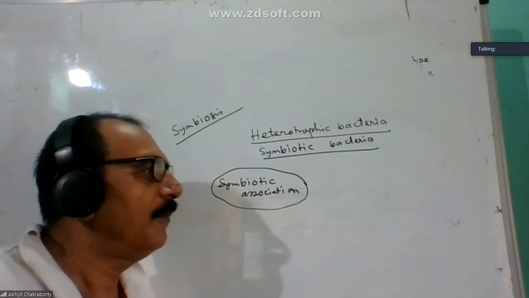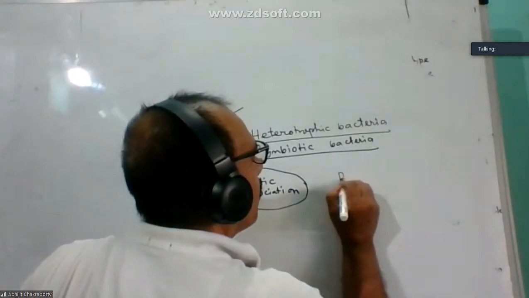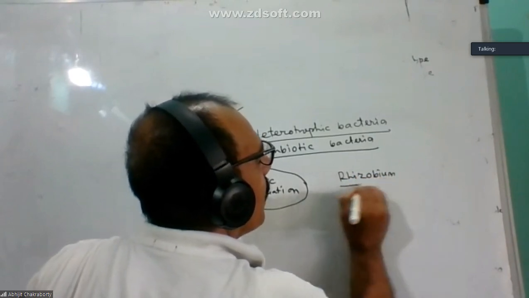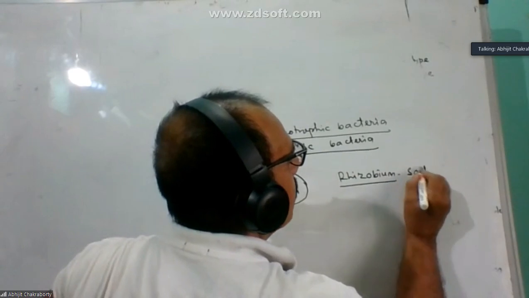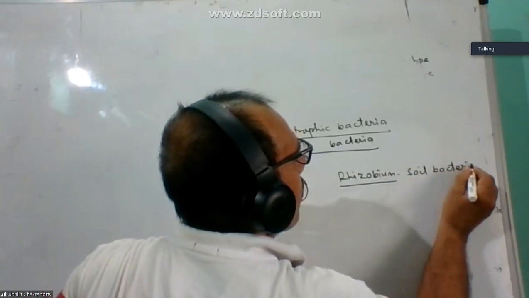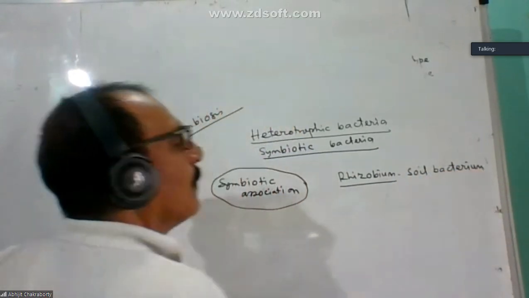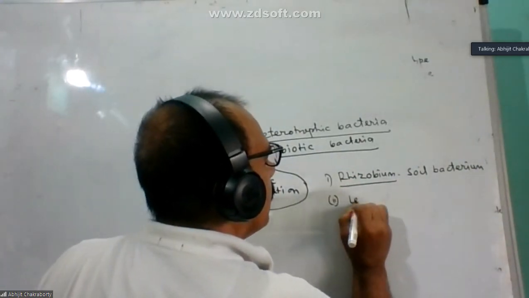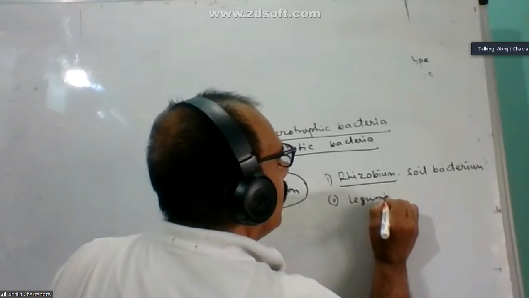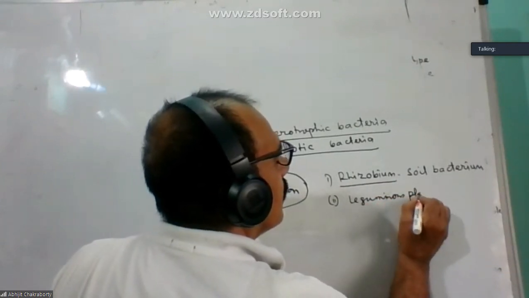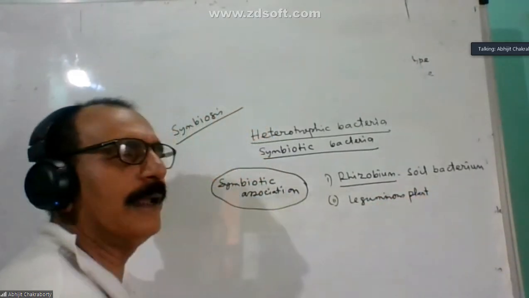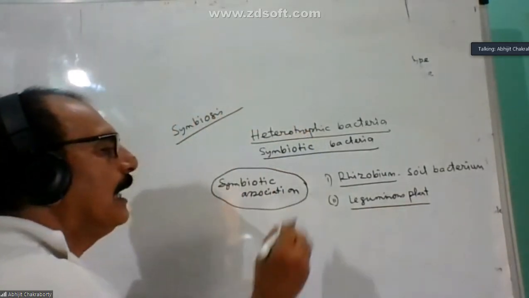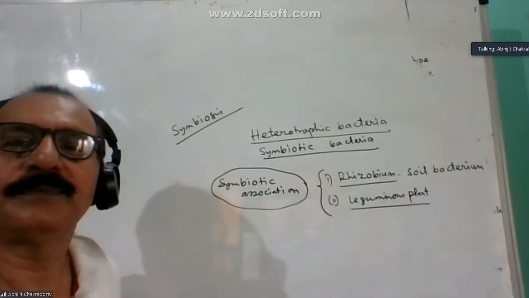For example, I am telling one example, Rhizobium is a soil bacterium, and the other one is any legume or leguminous plant, like soybean, like different types of lentils, etc. Now there is an association between these two.